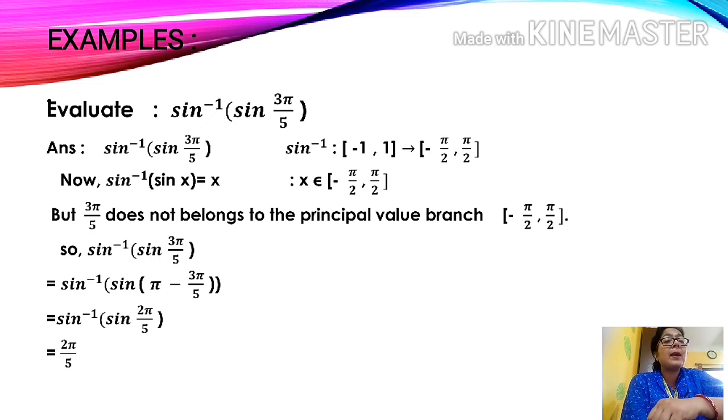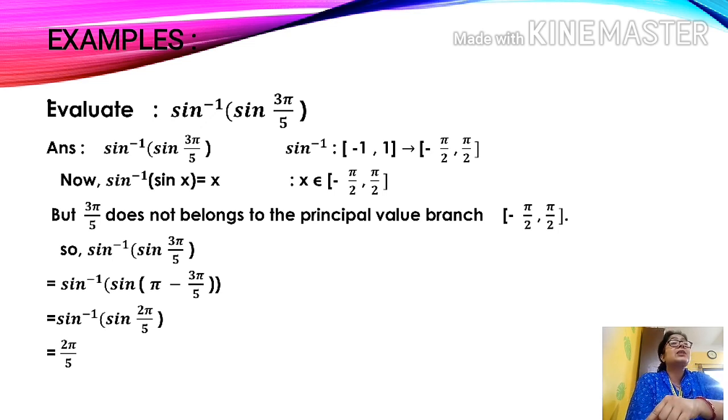Now 3 pi by 5, the value of this angle is actually 3 into 180, that is 540 by 5, which is 108 degree. It is more than 90 degree, that means it does not belong to this interval. It is in the second quadrant. You have learned this in class 11, how to convert any angle.